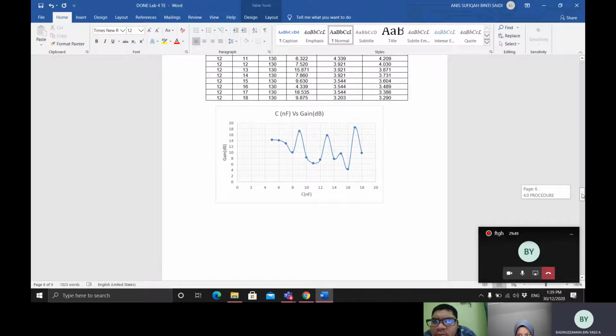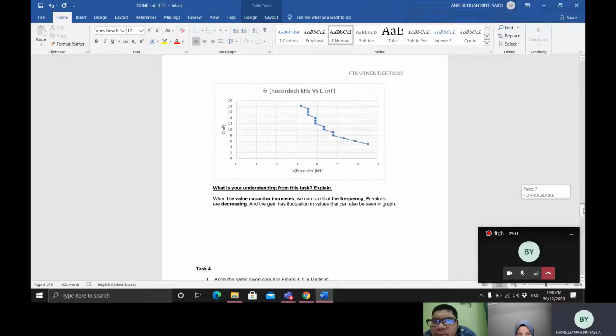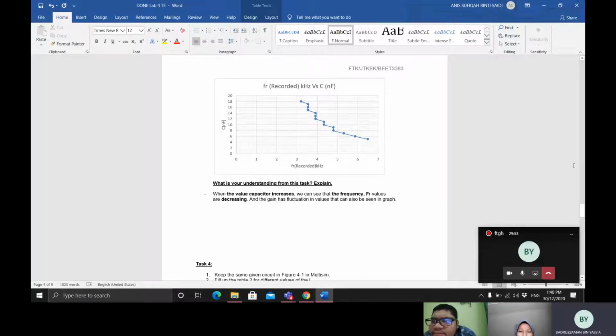Okay, for the second graph, this one is the resonant frequency versus the capacitor. As the capacitor value decreases, the frequency of resonance also increases.